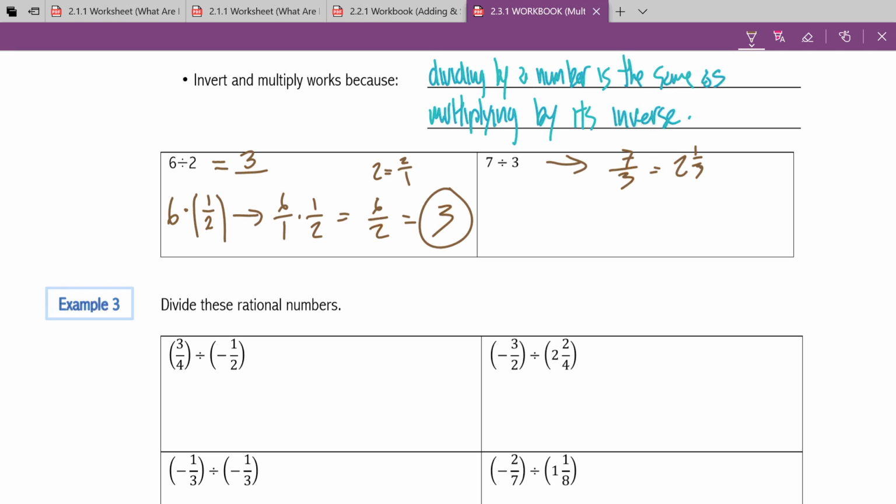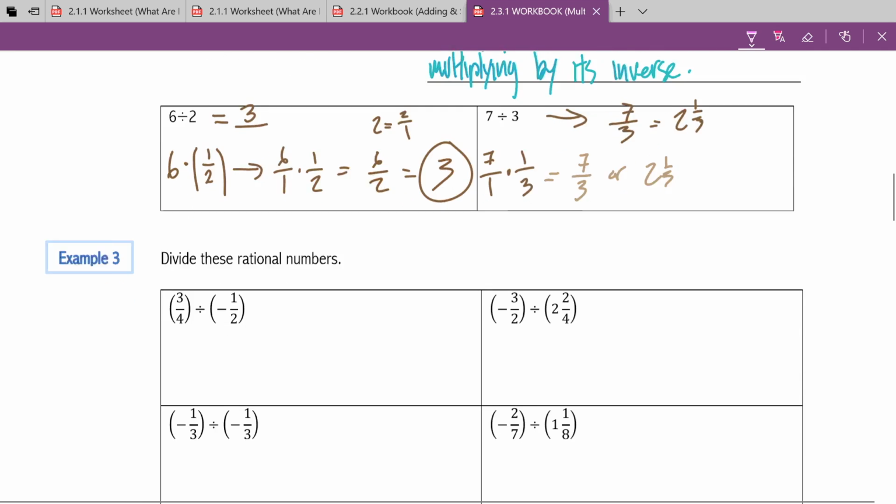And we're going to use that understanding of why it works later on when we actually divide fractions. So 7 divided by 3 is the same as 7/1 times the inverse of 3, or the inverse of 3/1, or 1/3. And what's this going to do when you multiply through? Well, it's going to give you 7/3, or 2 1/3, just like up there. All right? So invert and multiply works, well, because it does.